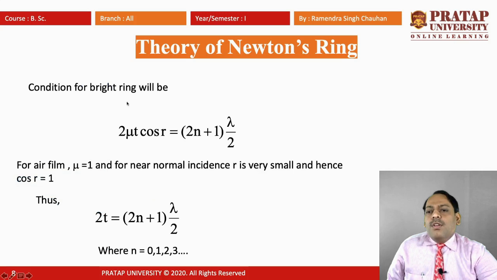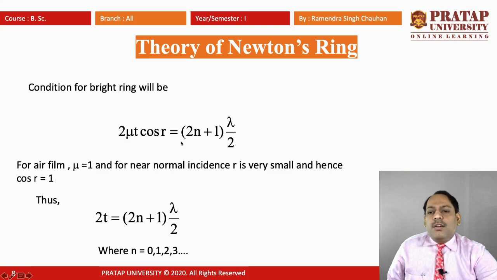Now for Newton's ring we can say, applying Stokes law, the condition for bright ring will be 2 mu t cos r equal to (2n plus 1) lambda by 2, and for air film mu is equal to 1, and for near normal incidence r is very small, because for normal incidence i is approximately 0, and when i is approximately 0, r is approximately 0, and hence cos r will be approximately equal to 1.